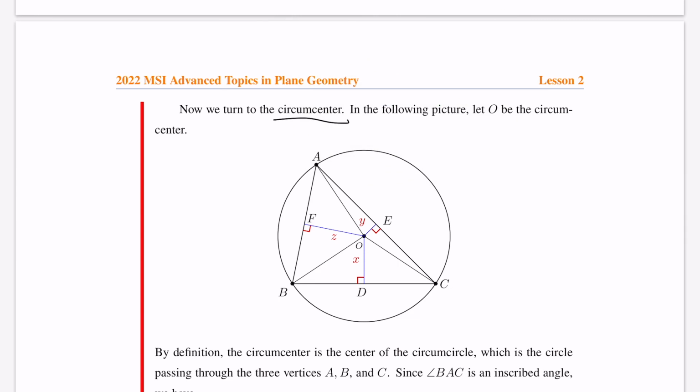So here's the question: what are the trilinear coordinates for the circumcenter, which I call O? In the following picture, you need to find the distances from O to BC, CA and AB. So how do we compute x, y, and z?